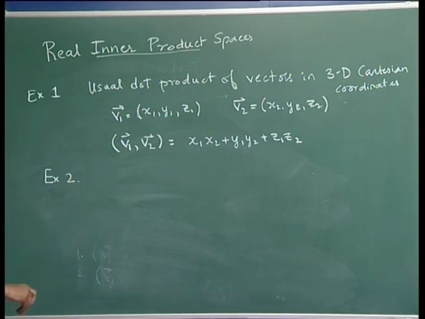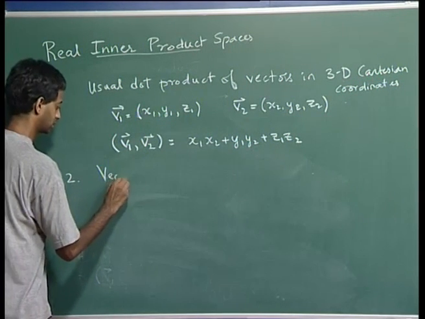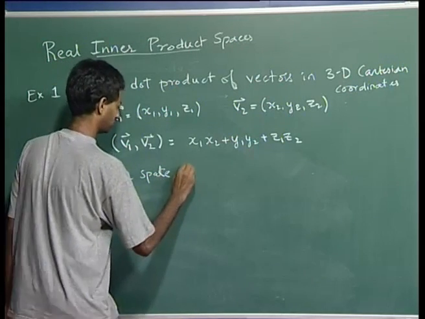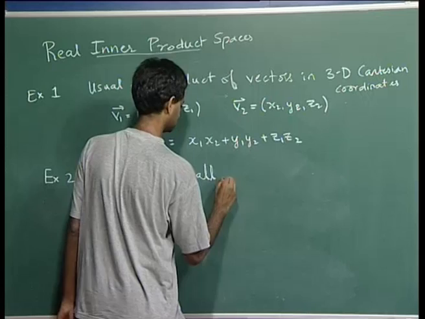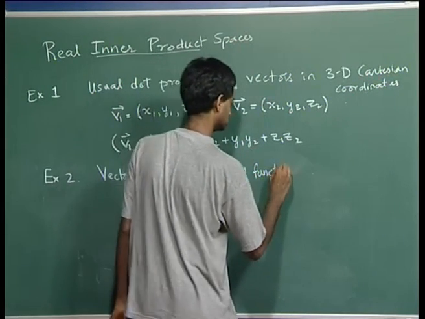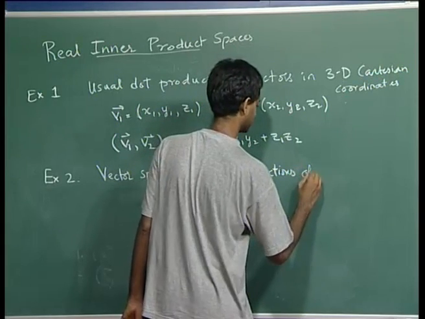The second example is suppose you had the vector space of all real functions of a single variable.